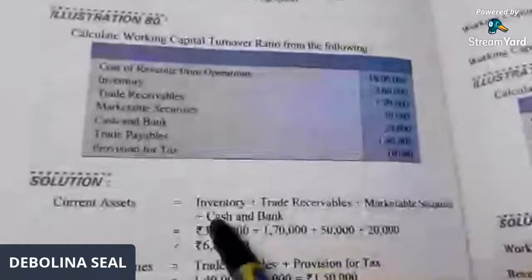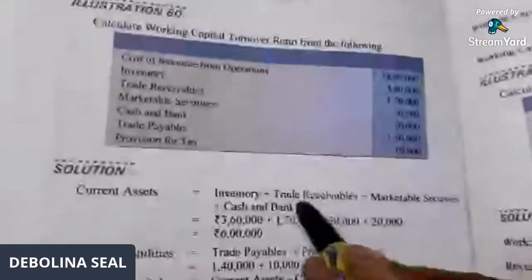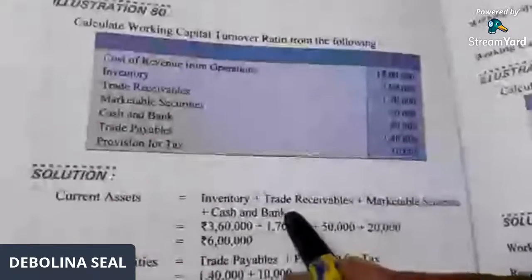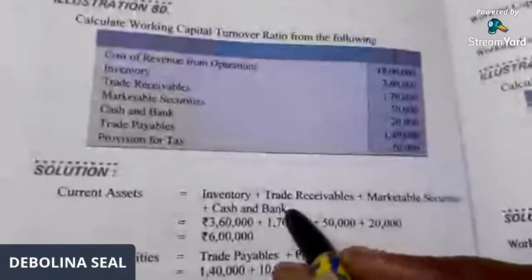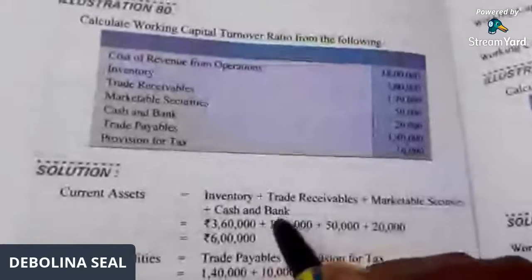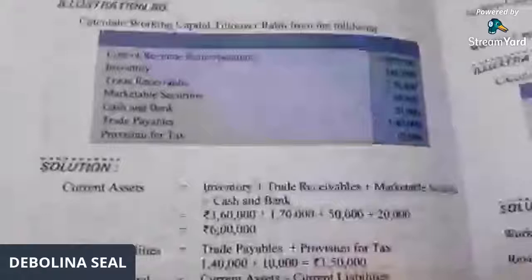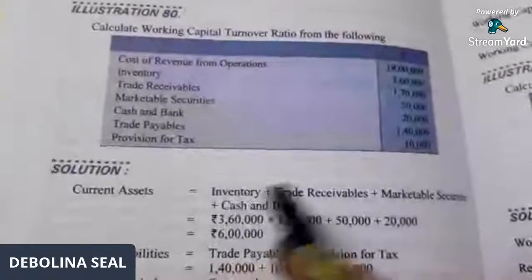From where are we getting this, children? This formula, right at the beginning, where I told you on the first day, when we started ratios, the liquidity ratio. Liquidity ratio is the first ratio we started, where we calculated current ratio. So in current ratio, the formula is current asset by current liabilities. And I told you to learn what items come under the head current assets.